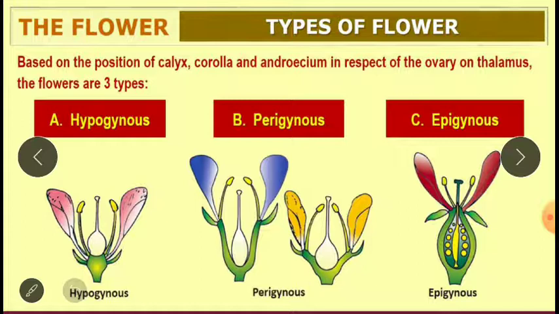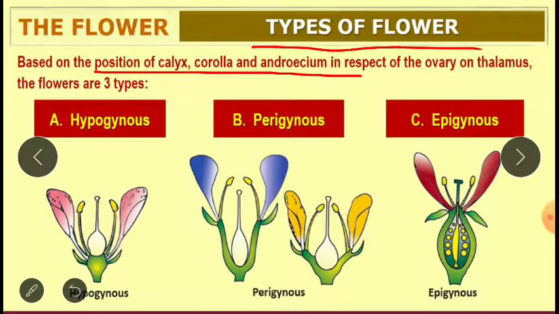Now coming to the last type of flower, which is based upon the position of the calyx, corolla and the androecium with respect to the ovary on the thalamus. So here we are going to be studying the arrangement of the calyx, the corolla, the androecium, with respect to your ovary.